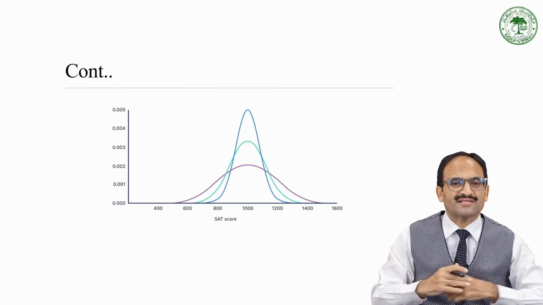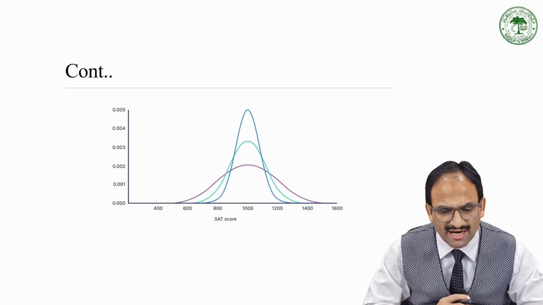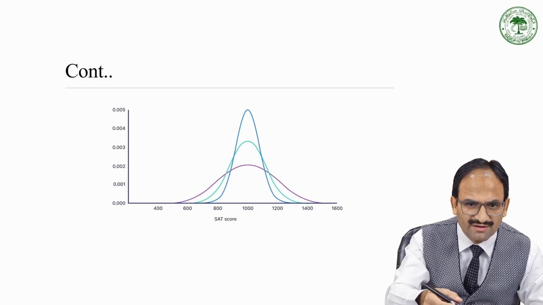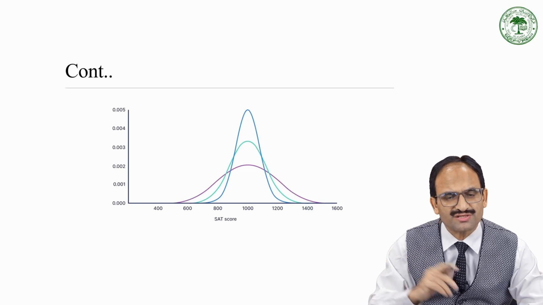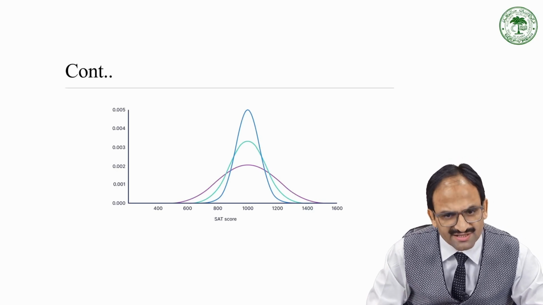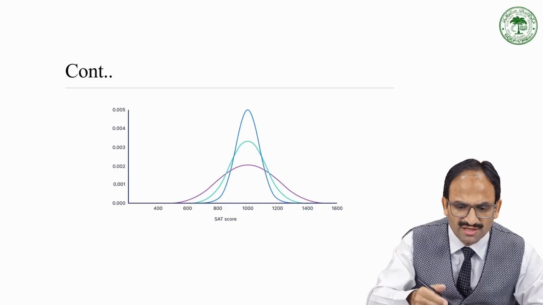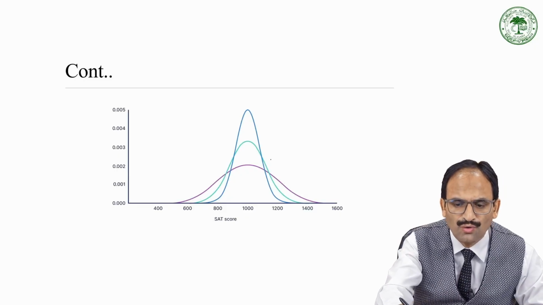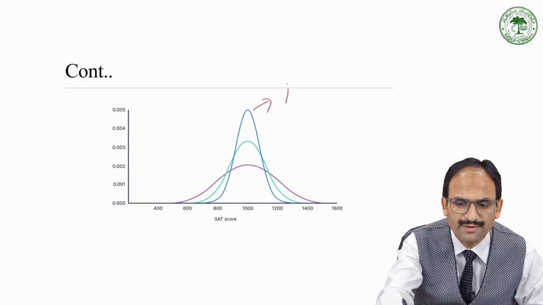You can understand it through this particular graph. There are three distributions shown in three different colors of ink. See the first one: lowest variability.